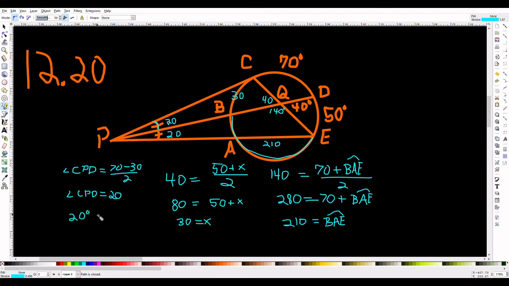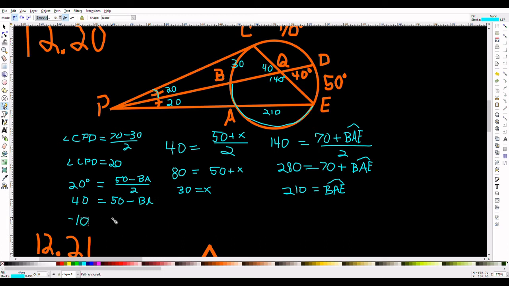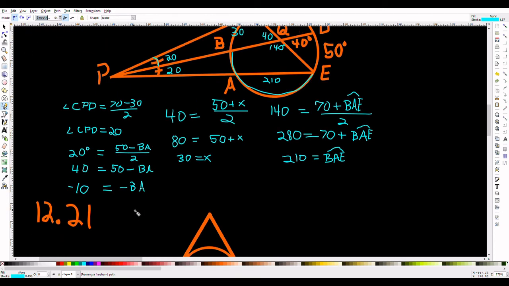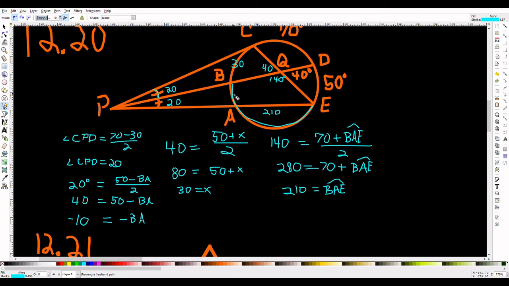So we know that 20 degrees equals the major arc DE minus the minor arc BA. And I here just use major and minor to mean bigger and smaller. And I get negative 10 equals negative BA, and I'll multiply both sides by negative 1 to make them positive. So BA equals 10 degrees.